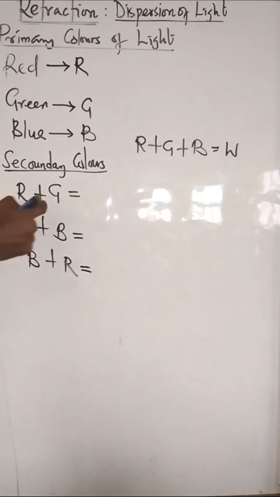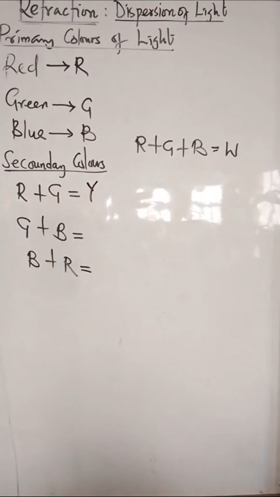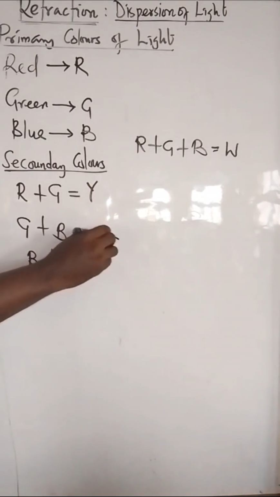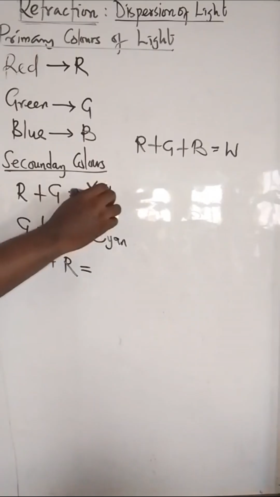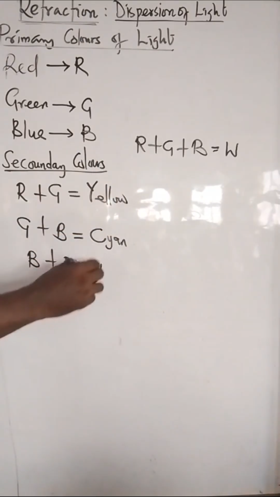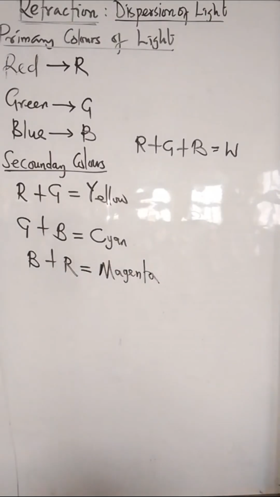When we mix red and green in the right proportion, we get yellow. When we mix green and blue, we get what? Cyan. And when we mix blue and red, we get what? Magenta. Magenta is very close to purple, but it is not purple.